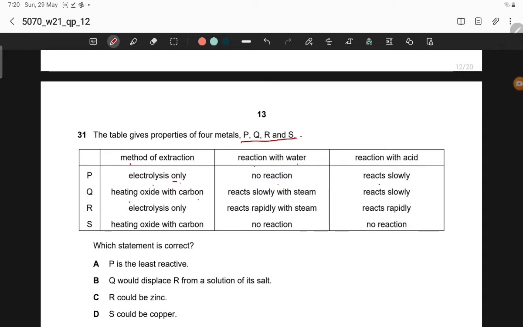Heating oxide with carbon, reacts slowly with steam, reacts slowly with acids. Electrolysis only, reacts rapidly with steam, reacts rapidly. Heating oxide with carbon, no reaction with water and no reaction with acids. Heating oxide with carbon, yes.